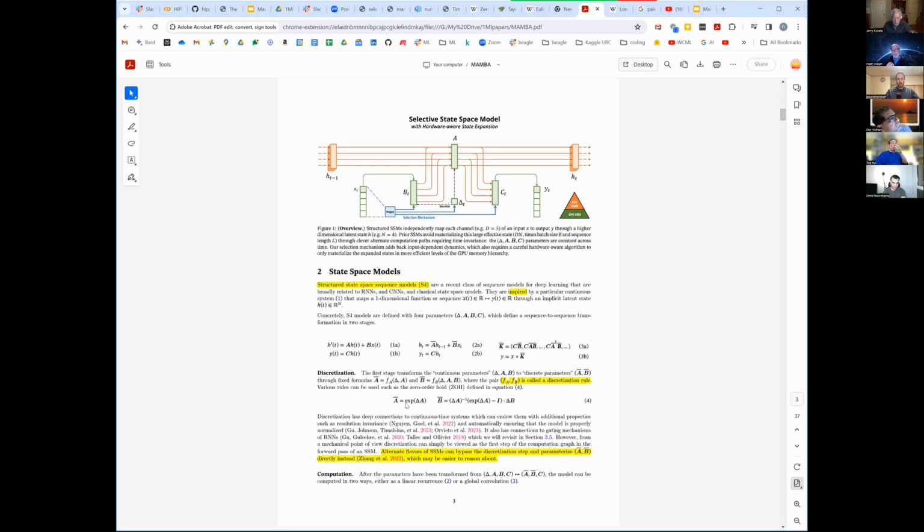I think part of it is that in these state space models, the model is actually continuous, even though what we work with is discrete, and we can sample the continuous functions at whatever resolution we want. So depending on the sequence length, we can sample it at different rates. That's why this ability to convert from continuous to discrete is important.